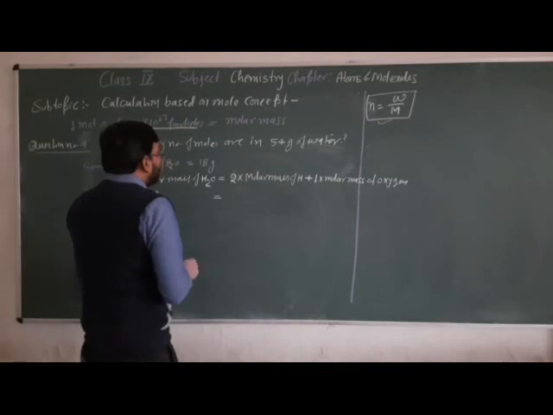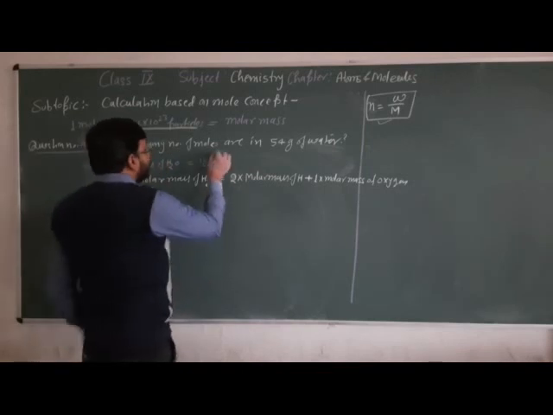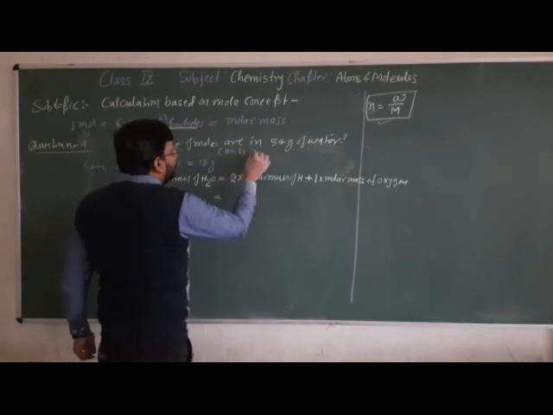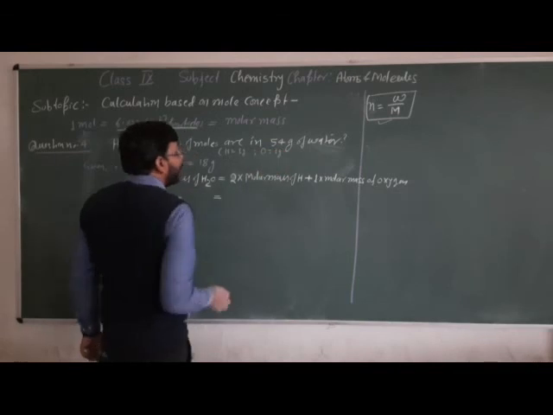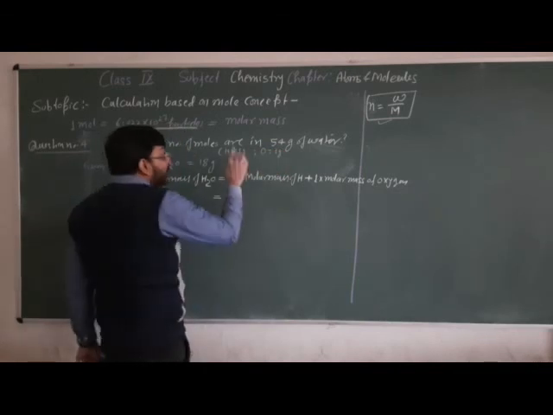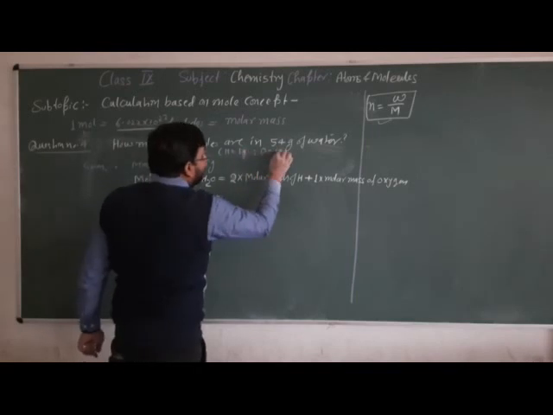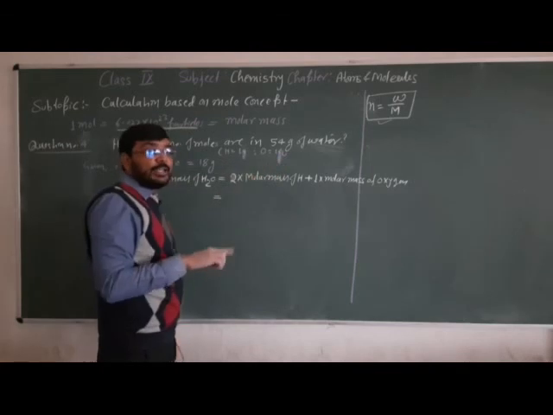The molar mass of hydrogen and the molar mass of oxygen may be given in the question, such as hydrogen 1 gram or oxygen 16 gram. Maybe it is not written in gram; sometimes they write 16 U, in the form of U, atomic mass unit.